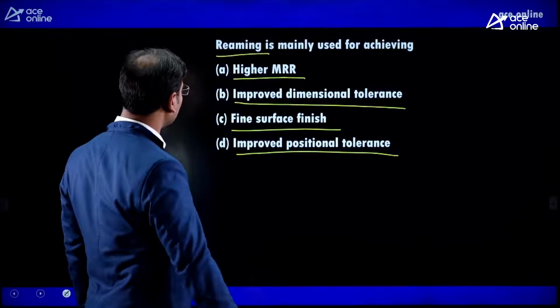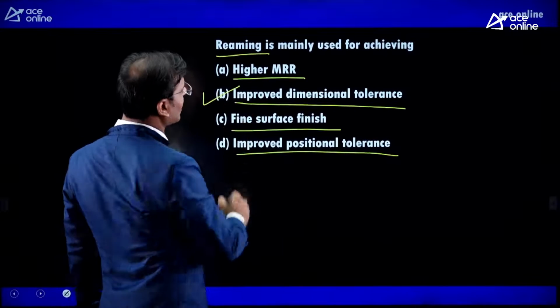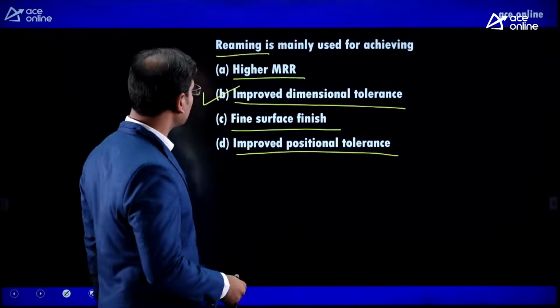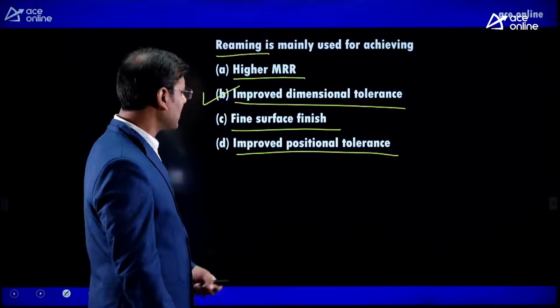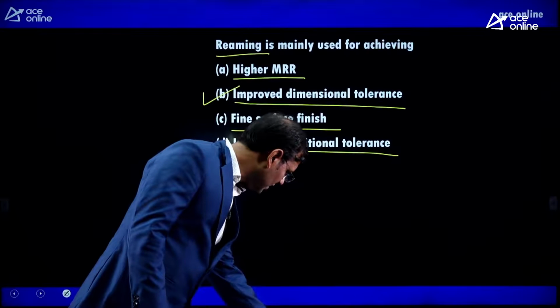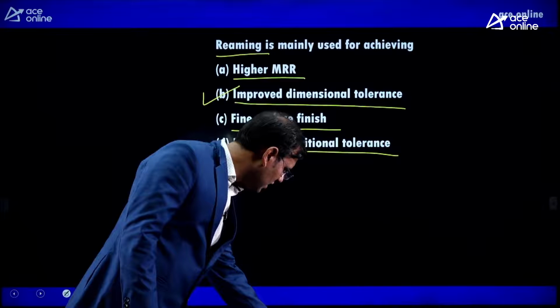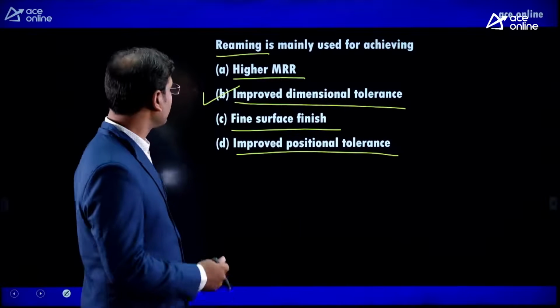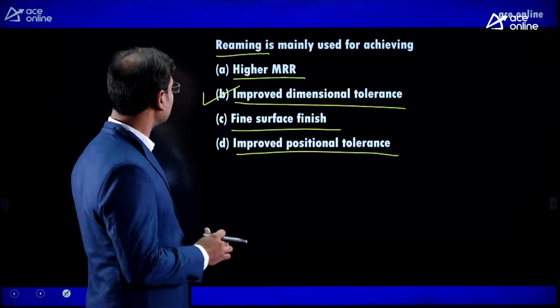But out of all that, the first priority I need to give is improved dimensional tolerance. We use reaming for improved dimensional tolerance, but through reaming we can also get a good surface finish. The correct option is option B.